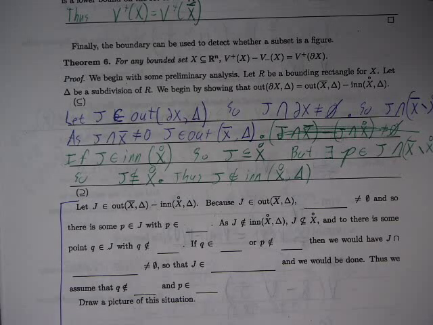Maybe I'll summarize the motivation for the first on the board really quick. So if we want to show that, that's what we need to show. So maybe we'll even try to do better than that.